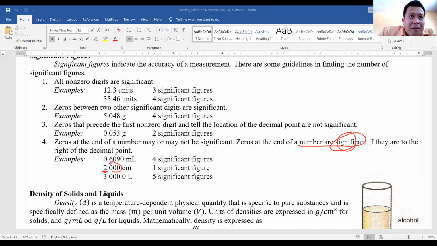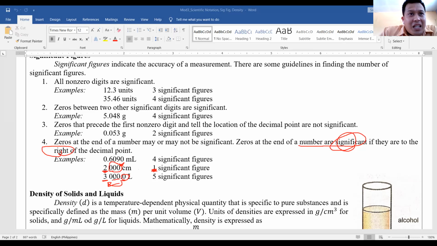But following that number is a 0, which makes this insignificant, so the number of significant digits is only 1. But in example number 4, the third one, this is a significant digit. This is a 0 after the decimal point, to the right of the decimal point, and it follows a significant digit, making this number significant.